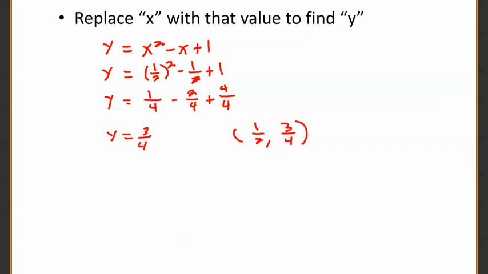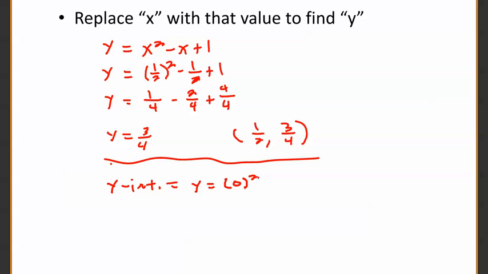And we can go ahead and find the y-intercept on this one right quickly. For the y-intercept, x will be equal to 0, so y equals 0 squared minus 0 plus 1. So the y-intercept is 0, 1.